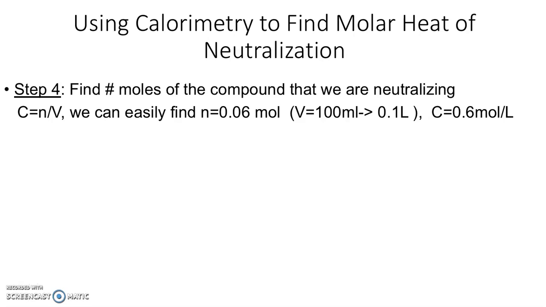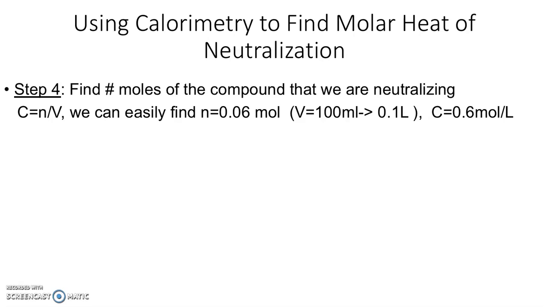moles. So at this point, we know that the neutralization process released 5,028 joules if you use 0.06 moles of NaOH. But we don't care about 0.06 moles, right? The molar heat of this neutralization is the amount of energy released for every 1 mole of sodium hydroxide.